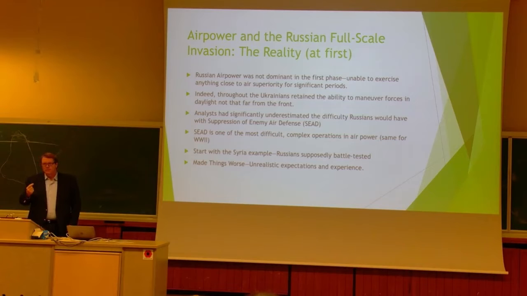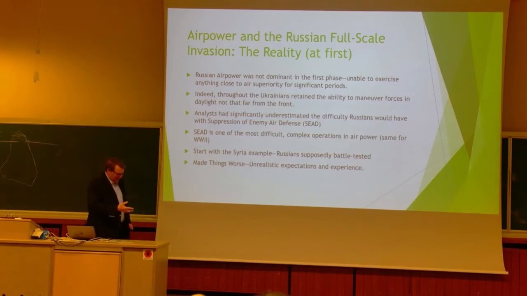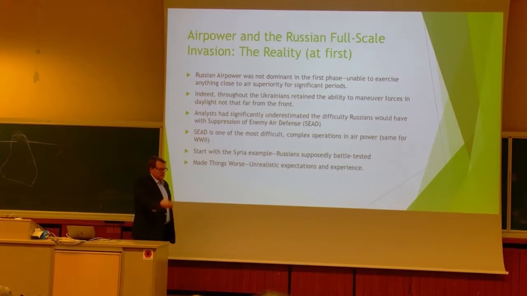Even Russian cruise missiles that got through had a much lower hit rate than they were expecting. So the accuracy, but more importantly, I think, is just that the ability of the Russians to fly over the battlefield was significantly limited.